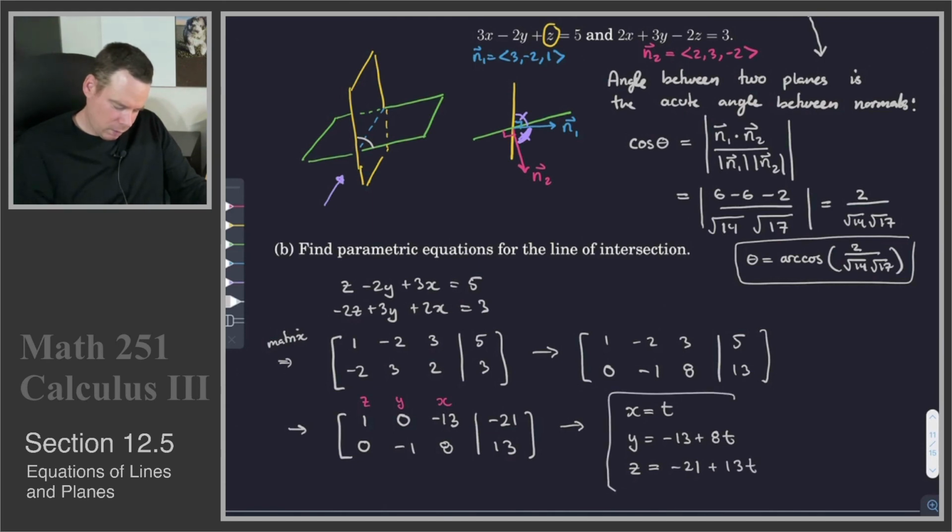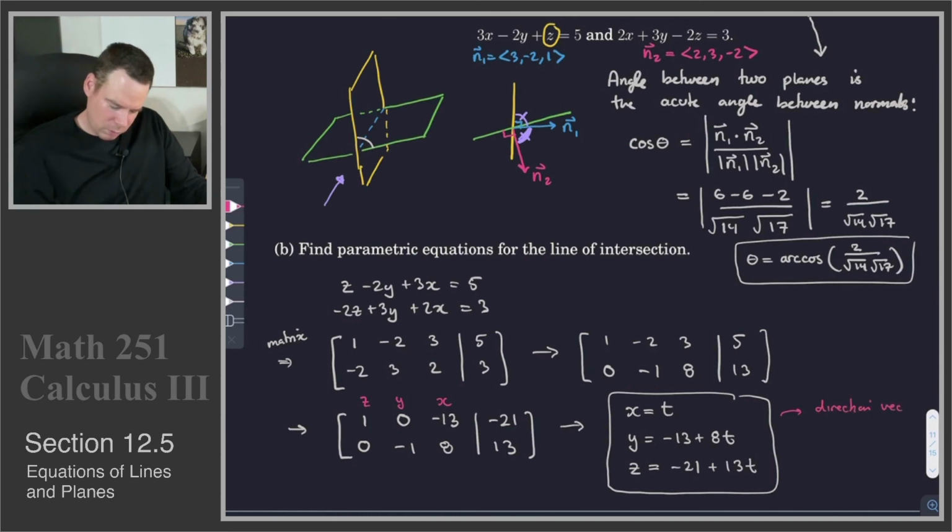And so there are the parametric equations for the line of intersection of these two planes. Once we've computed this, we can read off something from it. So for example, this is a line. What's the direction vector?